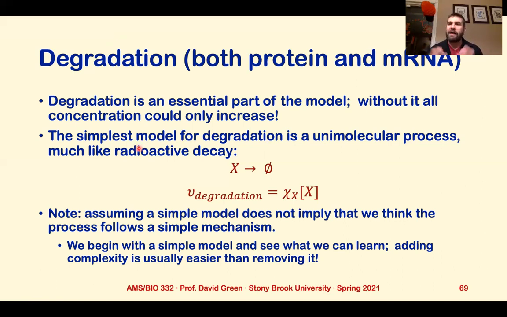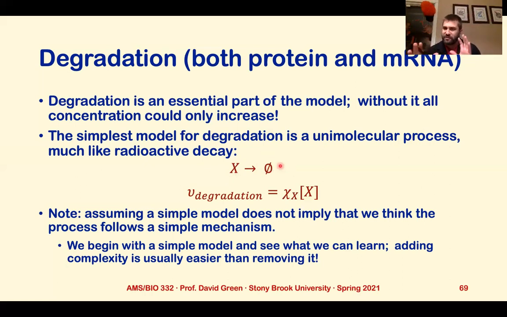Chemicals like hydrogen peroxide spontaneously decay regularly. And in those simple physical and chemical decay processes, the rate is often a unimolecular process. We might write our reaction here as our molecule X, protein or an RNA, going to nothing.